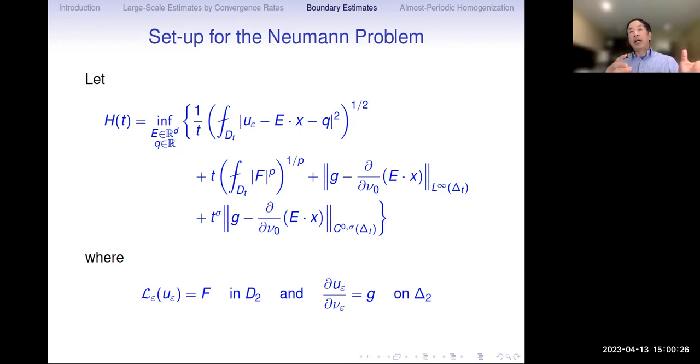When you homogenize the equation, the operator gets homogenized, so the corresponding boundary condition has to be the variational form of the conormal there. So that's why it's denoted by d nu 0. So you take the difference there, but the underlying idea is the same. You try to measure the regularity by measuring the distance between the solution and the linear functions or affine functions. That's the setup there.